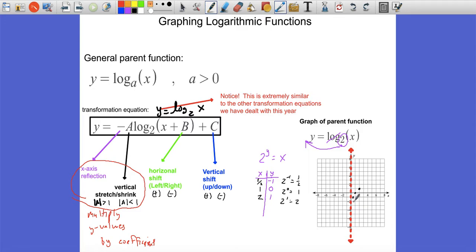So if you see the shape here, it follows the asymptote and continues going up and to the right, but not very steeply, somewhat flat. But it is going up and to the right, just not at a very high rate. And there we go. That's our general function, y equals log base 2 of x. Log base 3 of x would not look too much different. They all have this same general shape with a vertical asymptote at x equals 0.